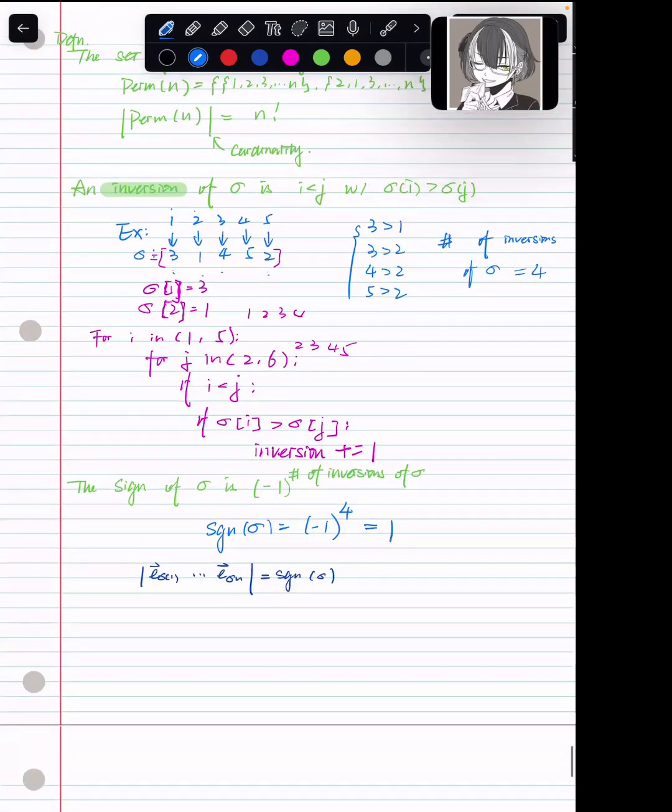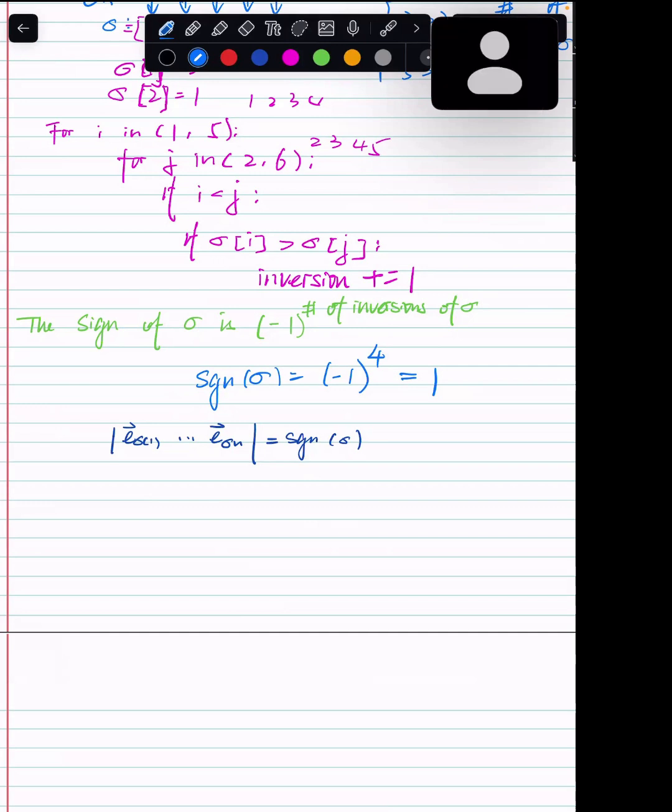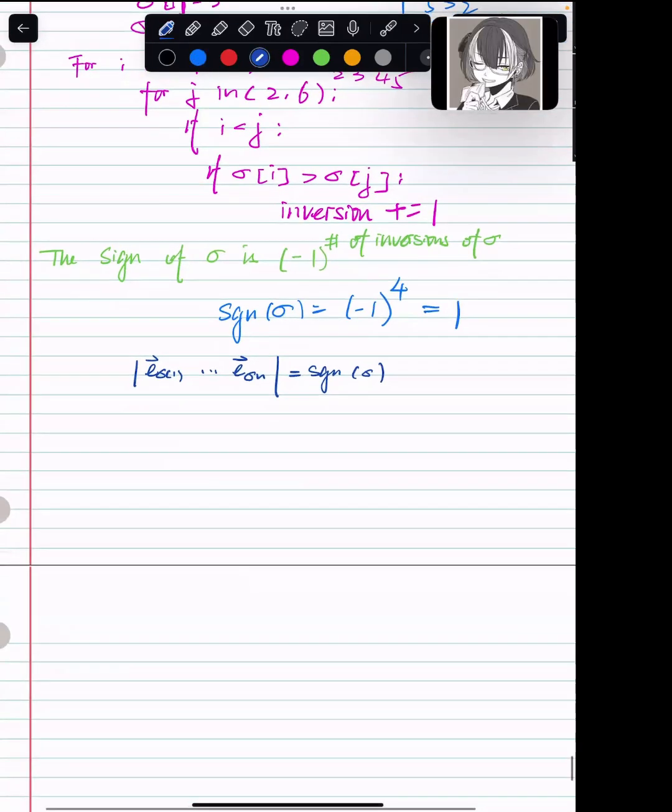So the number of column exchanges should match the number of inversions we're counting here. If we do an odd number of swaps, we get -1. If we do an even number of swaps, we get +1 for the determinant. That makes sense.